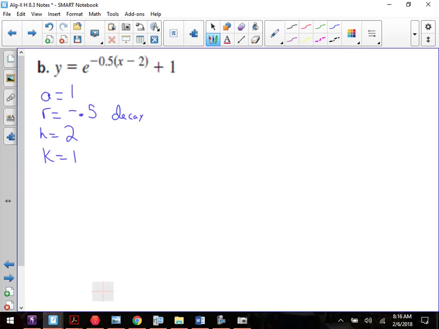When you have your H and K with these, we treat it the exact same way as earlier. Unfortunately, you can really only get one clean value as you go through. My parent function would be e to the negative 0.5 x.